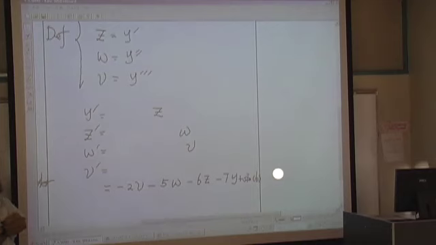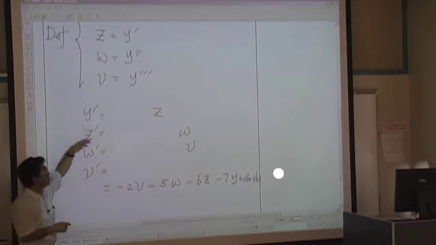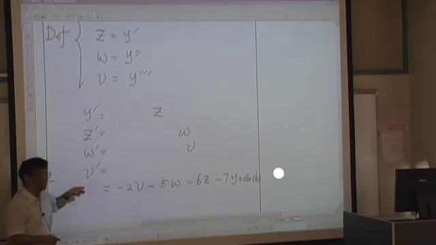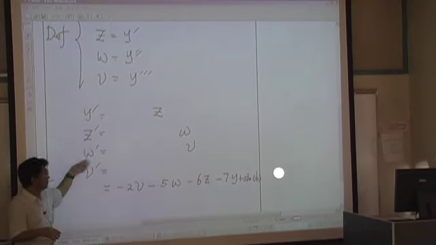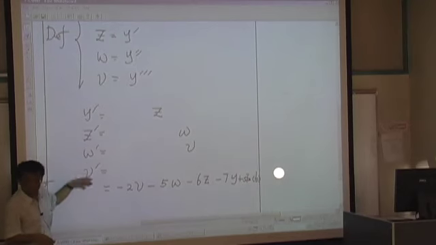Then if you use RK4, how many K's are necessary? K1 sub y, K1 sub z, K1 sub w, K1 sub v. These four things are necessary. And then K2 sub y, z, w, v, and K3 sub these things, and so on.